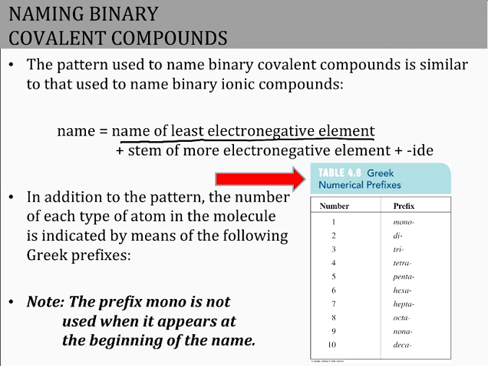But what we'll write here instead is we're going to name the first nonmetal, and we're just going to use the name of the nonmetal as it is. And then we're going to add the stem of what's called the more electronegative element. So we'll just say the second nonmetal.